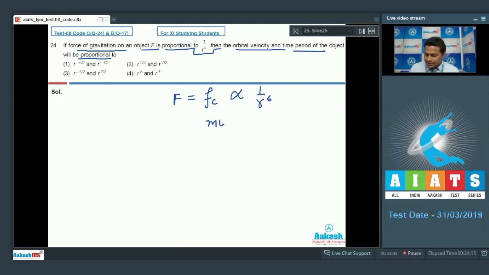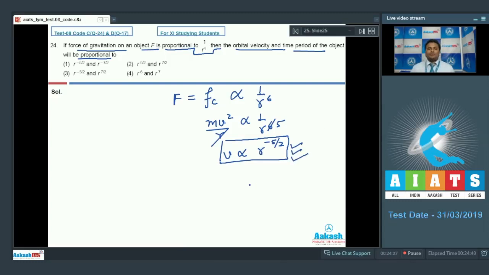Fc is what? mv square by r, which is proportional to 1 by r to the power 6. Cancel out r to the power 5. Mass itself is a constant value, so we can have v proportional to r to the power minus 5 by 2. So this is the relation of v with r we just have got.